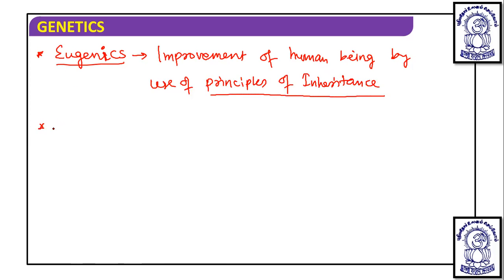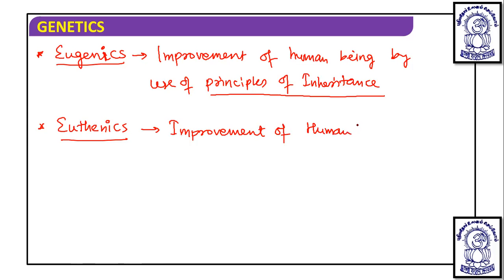Then the second terminology is euthenics. Euthenics tells that it is improvement of human beings by improving their environment.